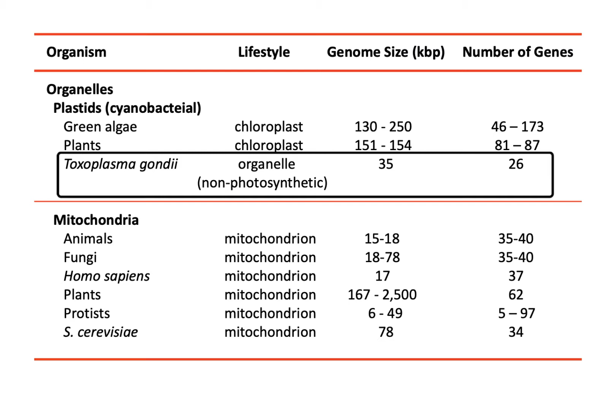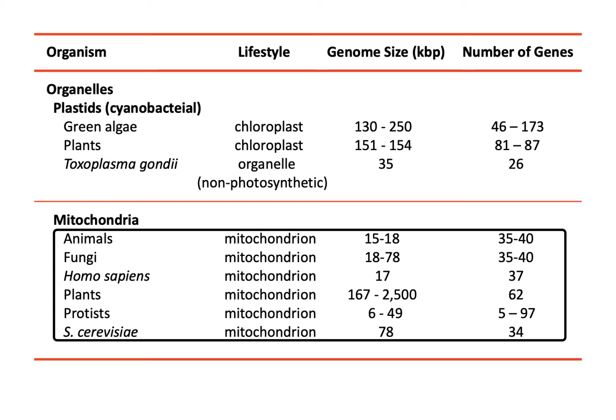So it's non-photosynthetic, but it was originally a red algal cell with a nucleus, a mitochondrion, and a plastid. It's been reduced even further. It has only 35,000 base pairs in its genome and only 26 genes. And then back to mitochondria, which entered the first eukaryotic cells around 2.2 to 2.4 billion years ago.